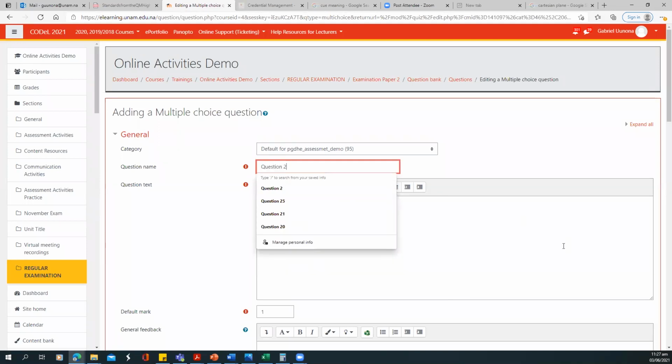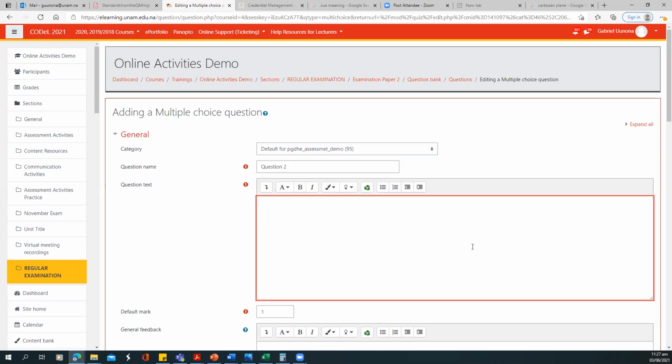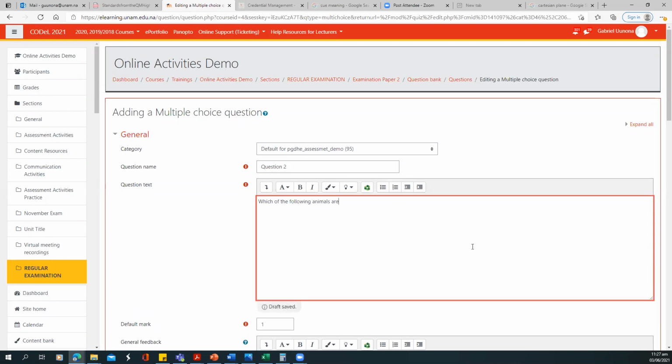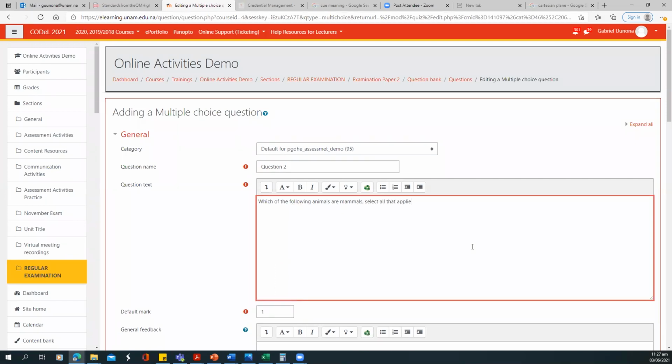Let's take question 2, for example, and let's say, which of the following animals are mammals? Select all that apply. Now, you notice the last part of the instruction: select all that apply.